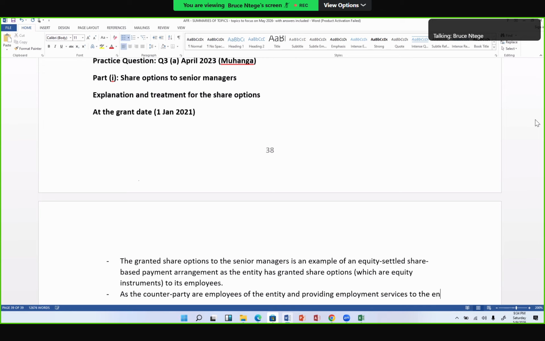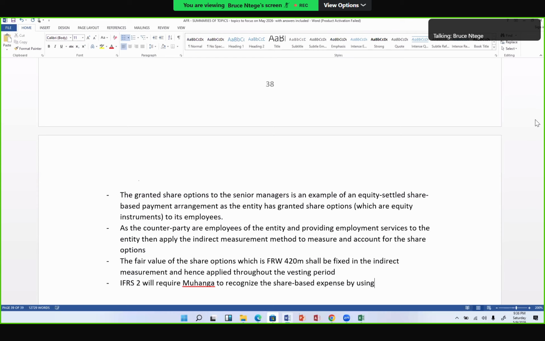Then you are saying that IFRS 2 will require Muhanga to allocate, to recognize the equity, let me say the share-based expense, by using a straight line method.